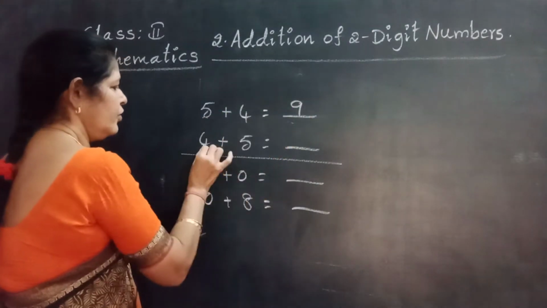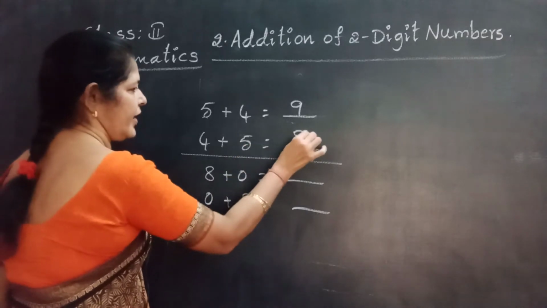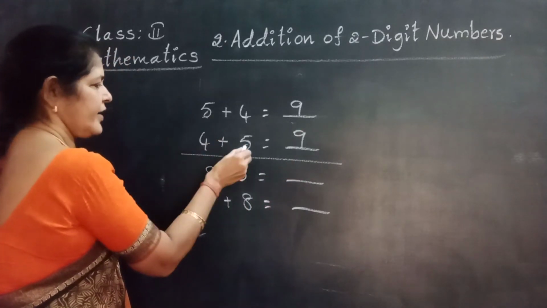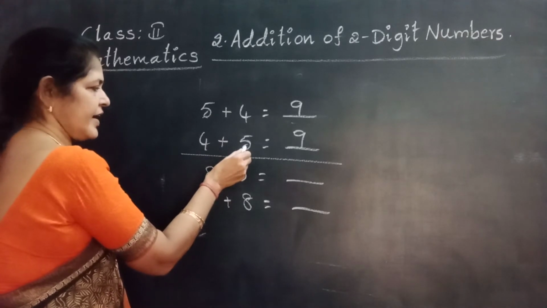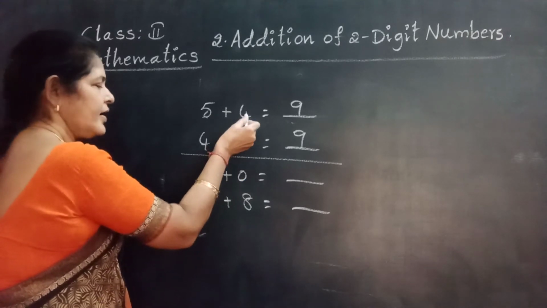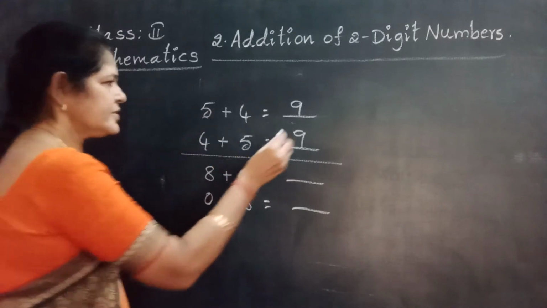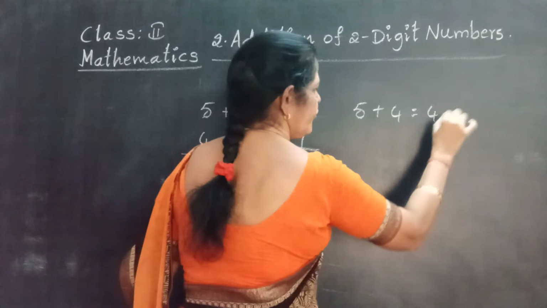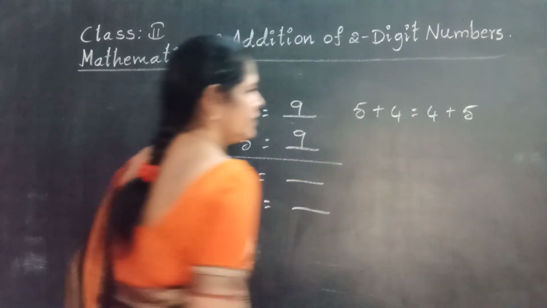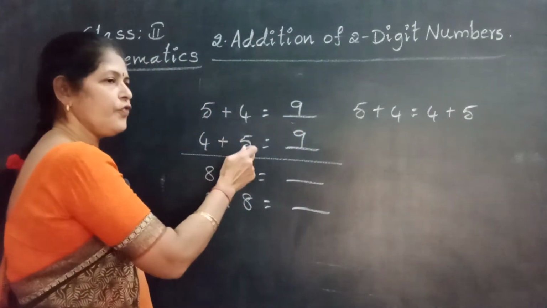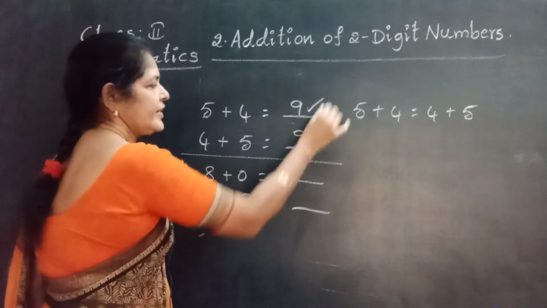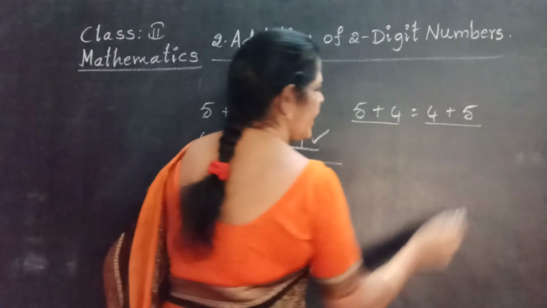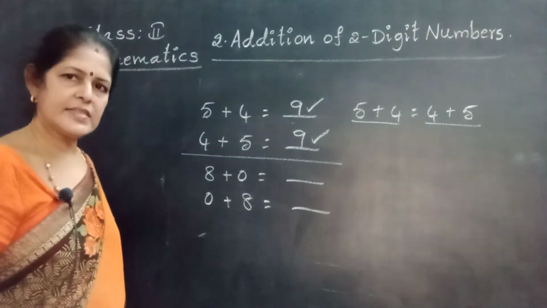Very good. 4 plus 5, 9. Here, the first number changes its order. It comes in the second place. The second number comes in the first place. That means 5 plus 4 equal to 4 plus 5. Why? We get the same total. That's why 5 plus 4 or 4 plus 5 both are the same.